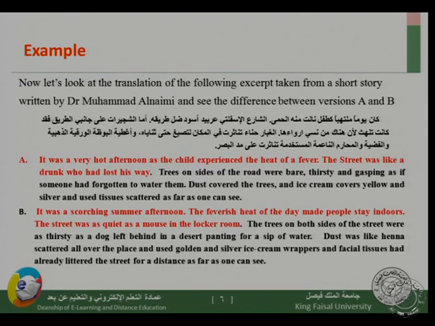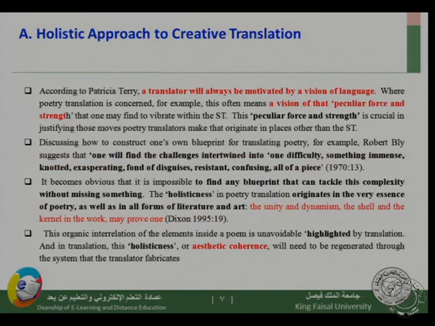All right. So this is an example of how you use two stages. Stage one, this is the original, the draft, and then the second stage, a better one. All right. So we move to another type of approach you can use when you are translating creatively.